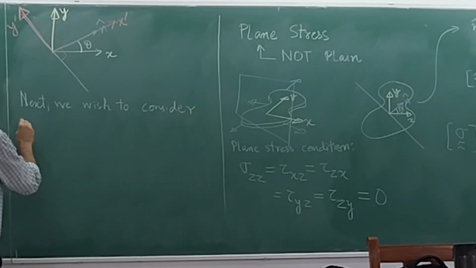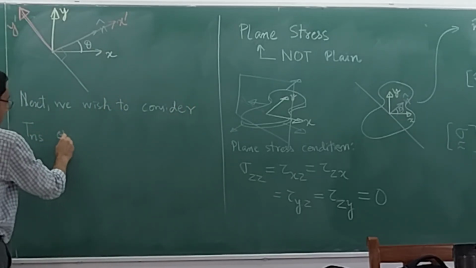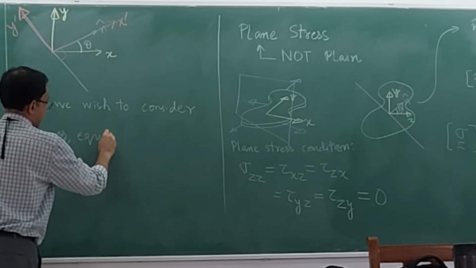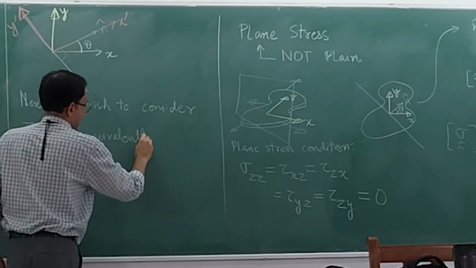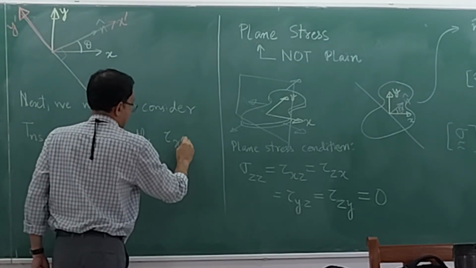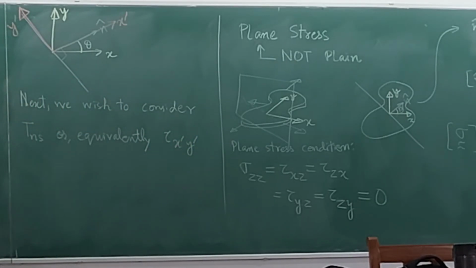So next, we wish to consider the Tns, or equivalently tau x dash y dash. Now see, how did you obtain Tnn? Tnn was obtained using this formula, but this formula was derived from what? It was derived from the dot product of the traction vector with the unit outward normal, T dot n. So this thing actually comes from this T dot n.